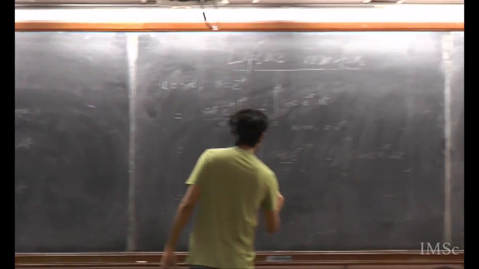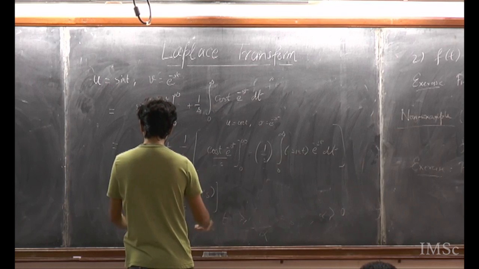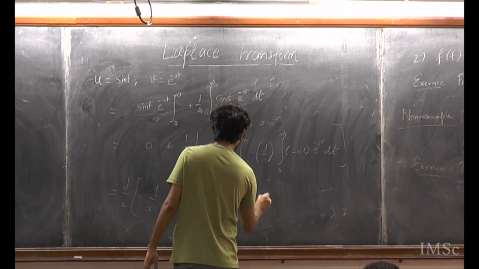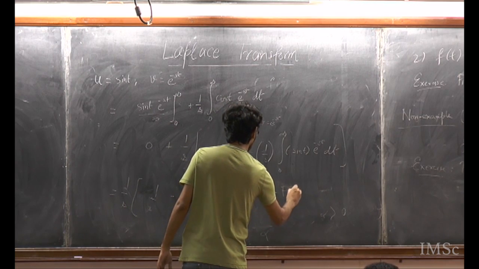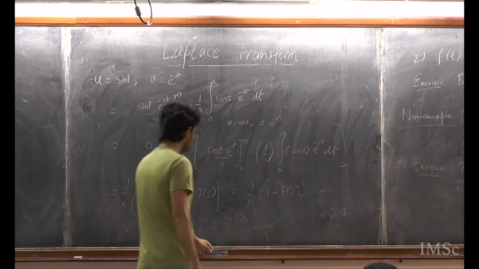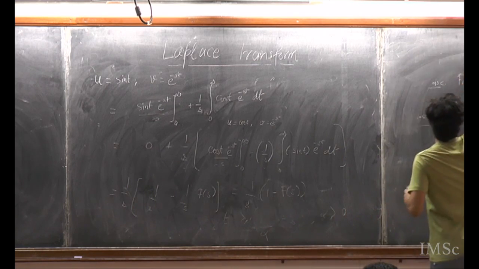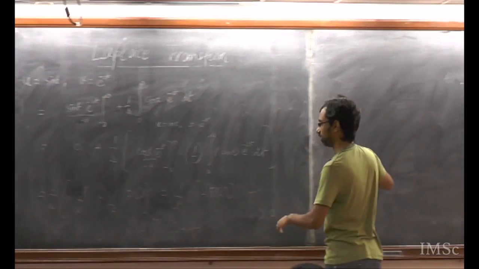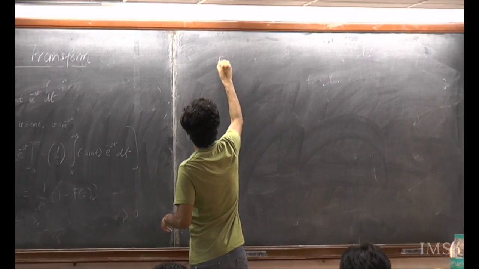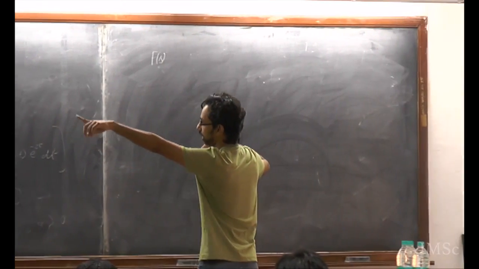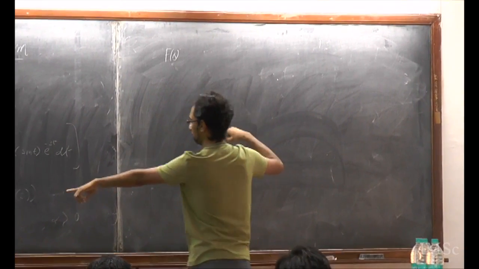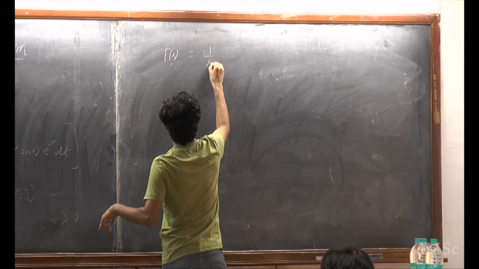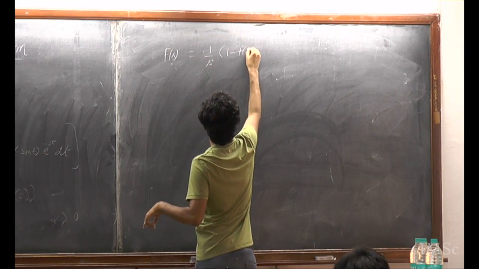F(s). So you can take out 1 over s, so get 1 over s squared, 1 minus F(s). So what is the equation that you get? Okay, so F(s) is on the left hand side, and on the right hand side you get 1 over s squared, 1 minus F(s).